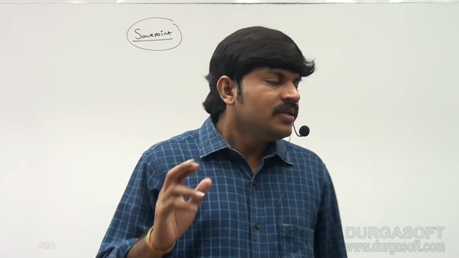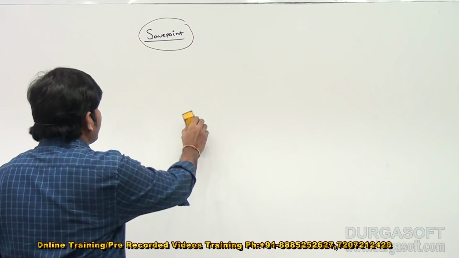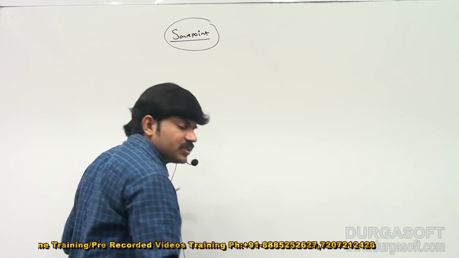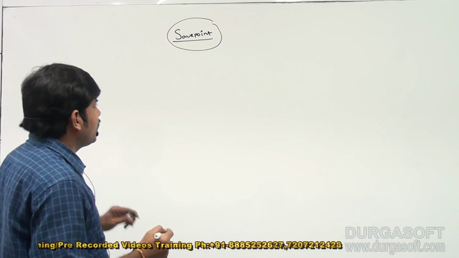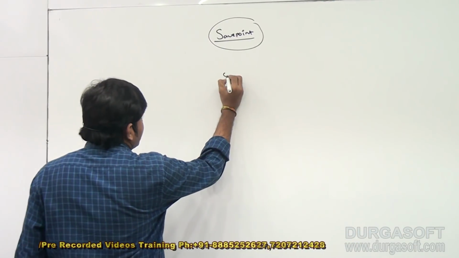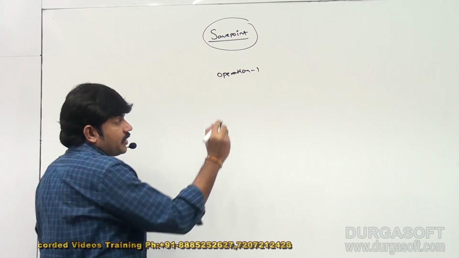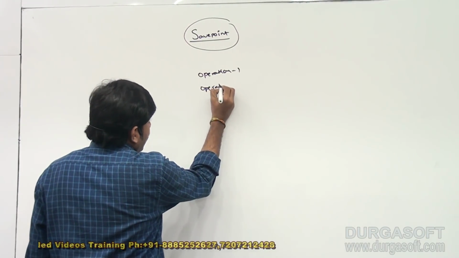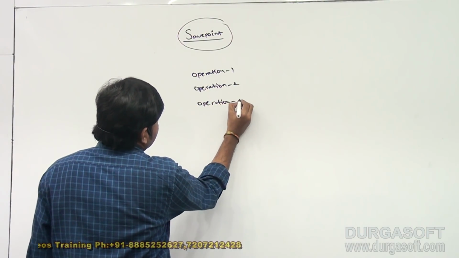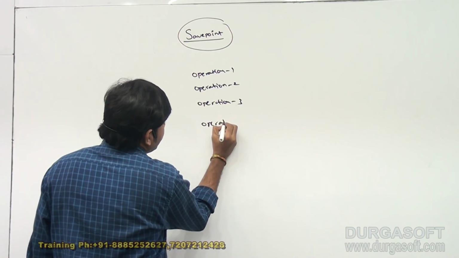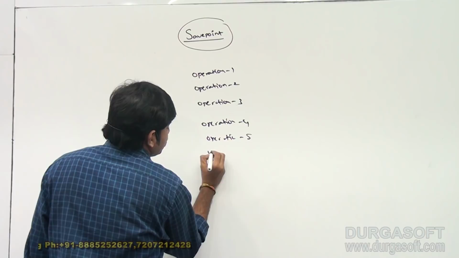Okay, observe. Now where can we use a save point? Already I used transactions, we can use a save point, right? Now take a bit very special care. Within the transaction, I have operation 1, operation 2, operation 3, operation 4, operation 5, operation 6.